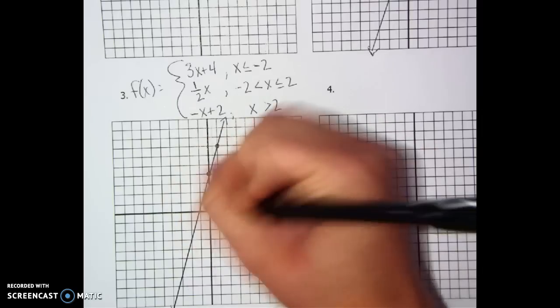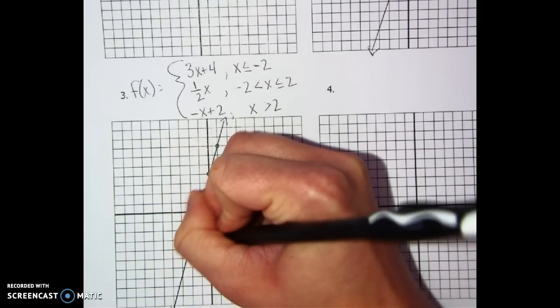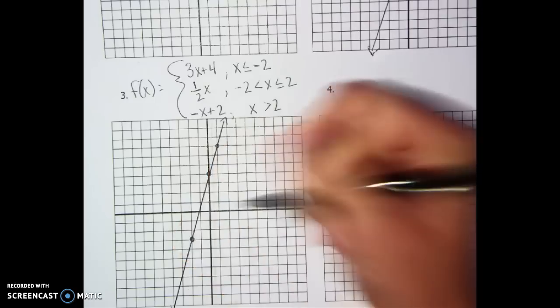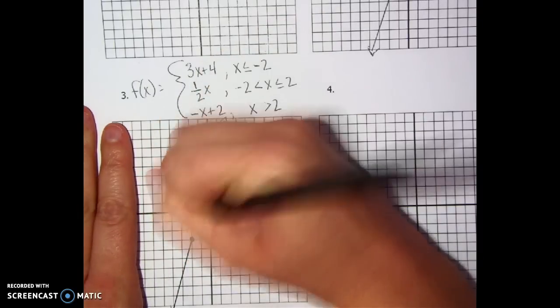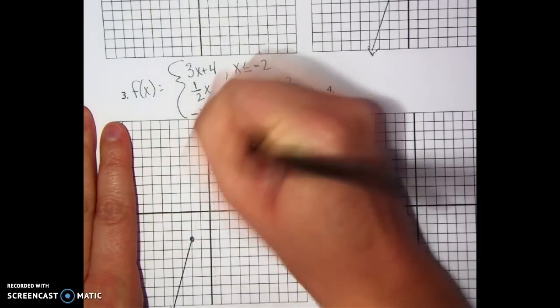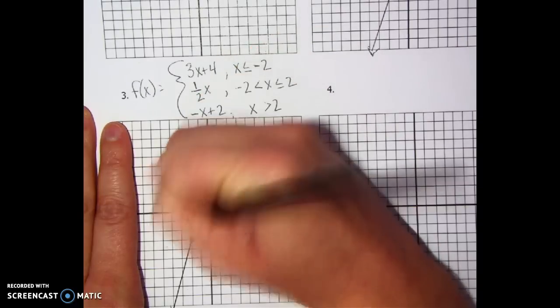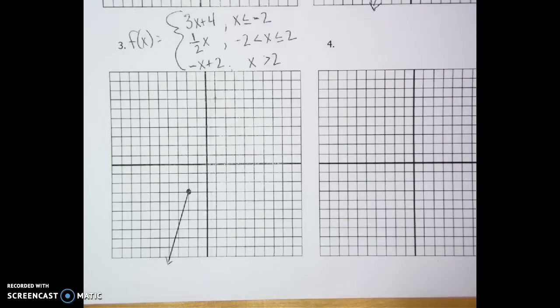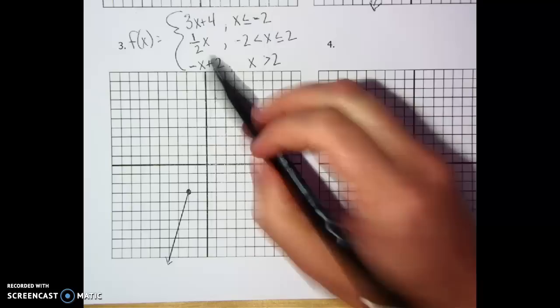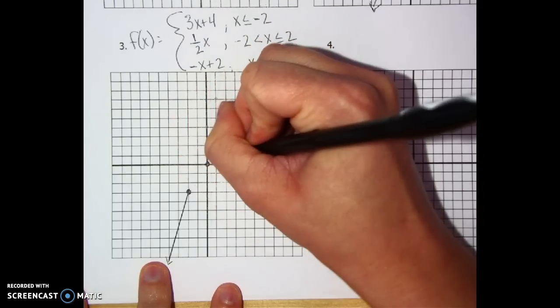That is 1, 2, so that's right there. And I get rid of everything on the right. Okay, whoops, sorry, you can't see that. Next one, 1/2 x, you start at 0, 0, go up 1 over 2.